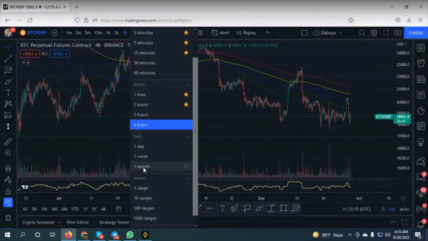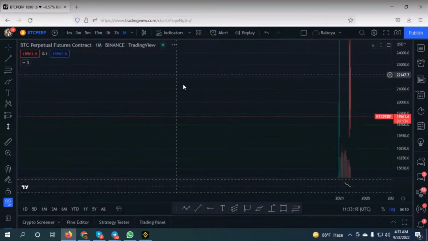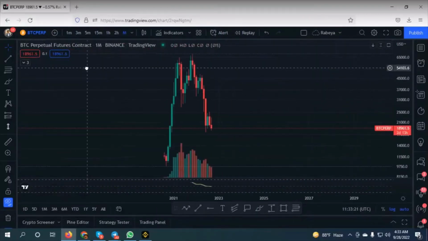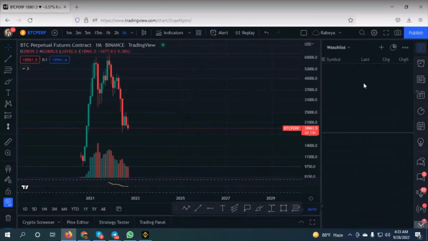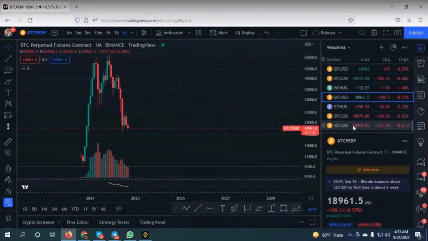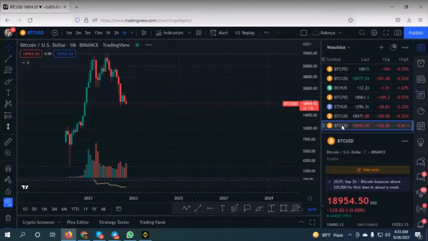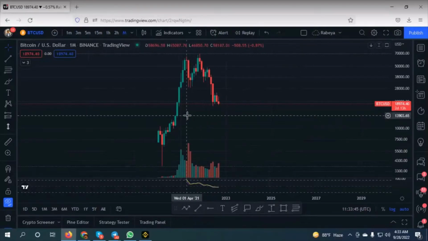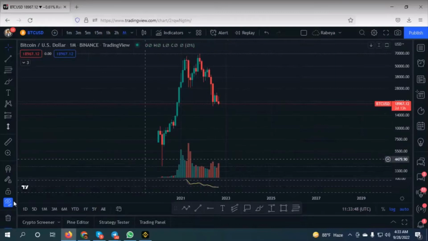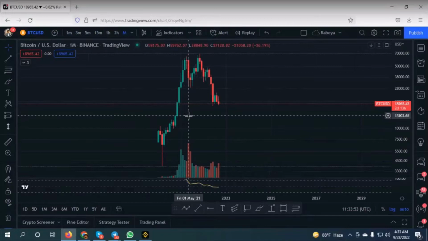We can view the monthly. See the retest zone. This is BTC perpetual, and this market is too small. This is our Bitcoin US dollar. We can see 14,000, our monthly support zone.